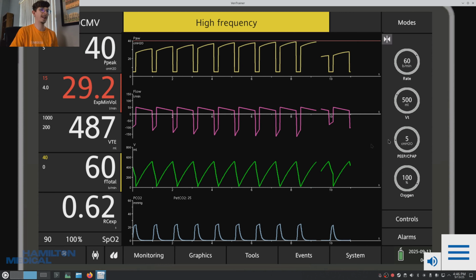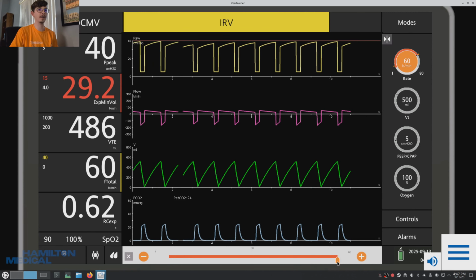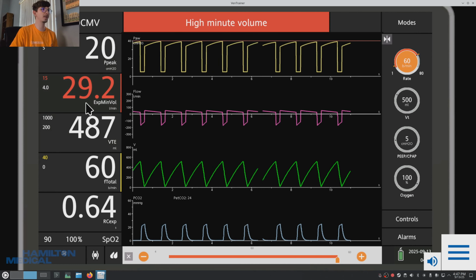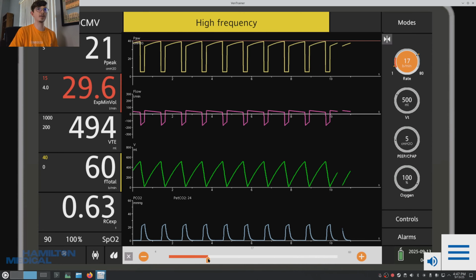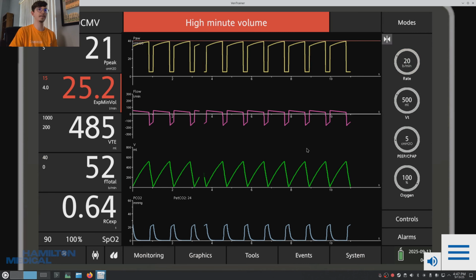That's what's going on. You're going to get, oh no, your minute volume is really high. Everything's messed up. Your rate might not actually be 60, but your rate's going to be high, clearly.